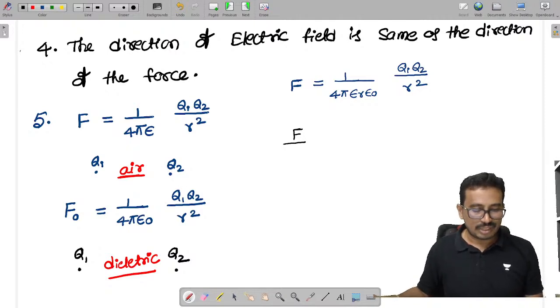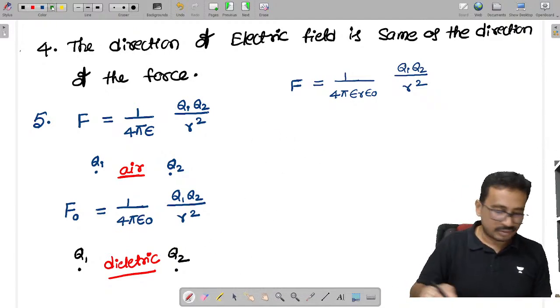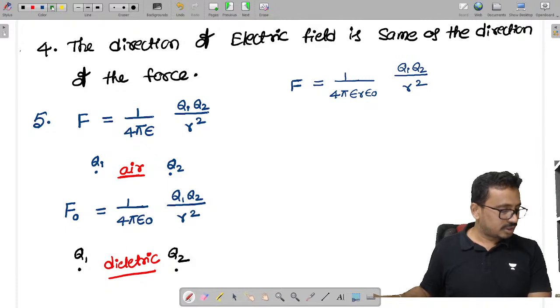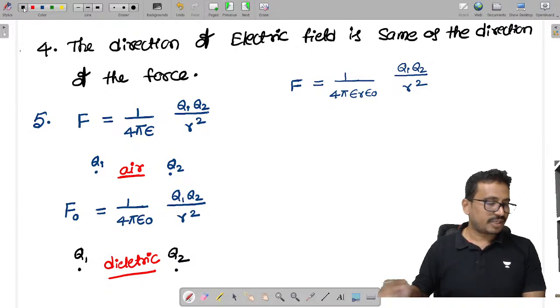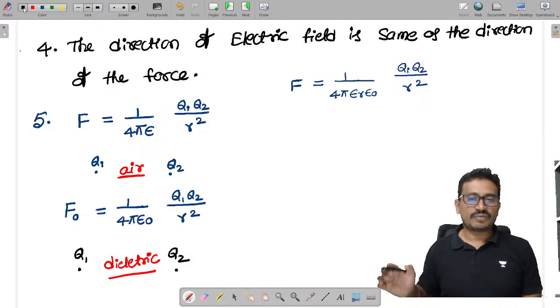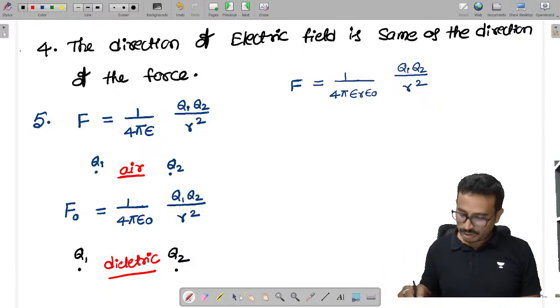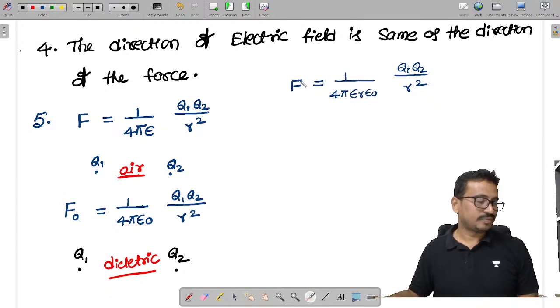Now if I take the ratio between these two, then what will I get? First of all, you tell me which force is greater, F or F naught? इन दोनों में कौन ज़्यादा है बोलो?